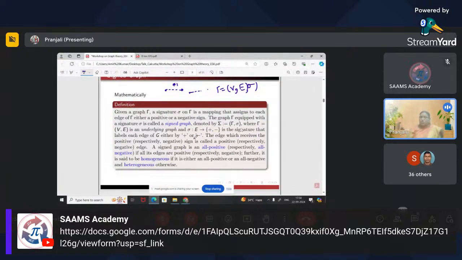The edge which receives the positive sign is known as a positive edge, and the edge which receives the negative sign is known as a negative edge. A sign graph is a generalization of a graph, because if a sign graph consists of all positive edges, it is called all positive, and it is the graph which we generally talk about.